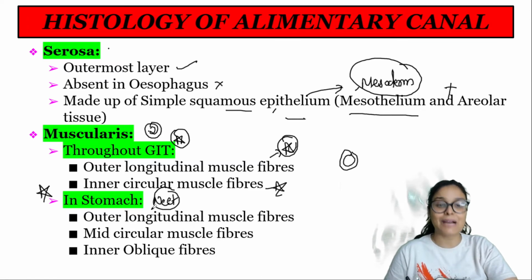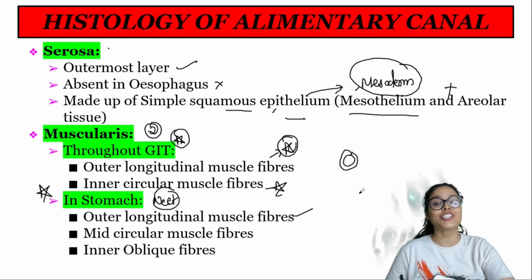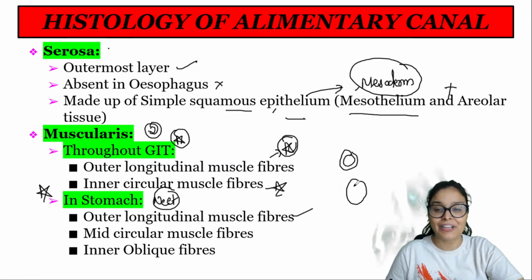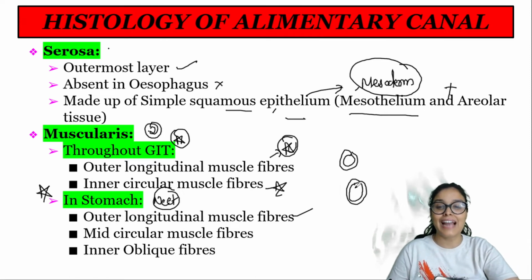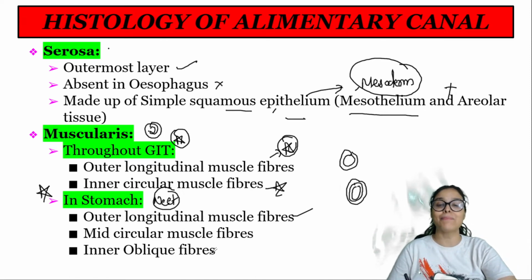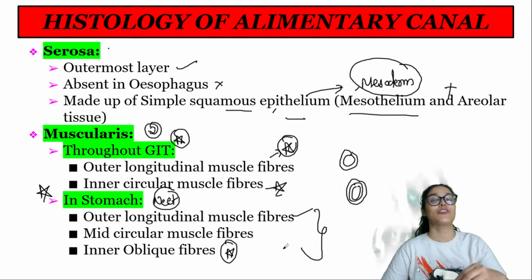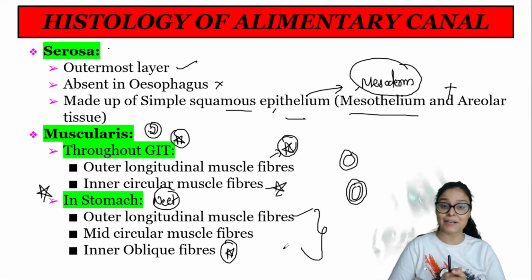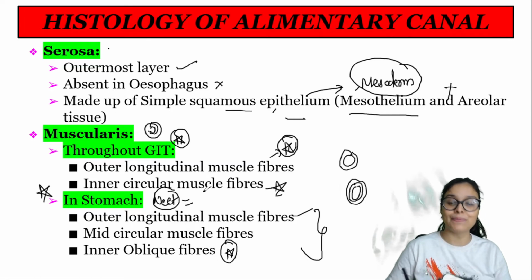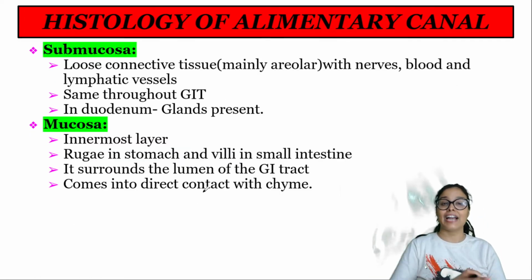In the stomach we have outer longitudinal, middle circular muscle, and innermost is oblique muscle. So they have one extra muscle in the second layer of the alimentary canal in the stomach. They will be asking questions on the stomach in NEET, and you have to remember this answer.